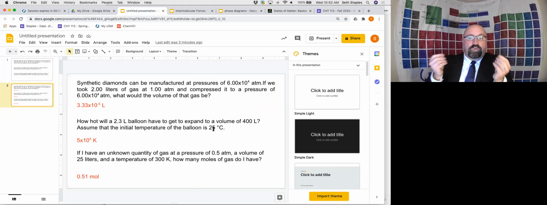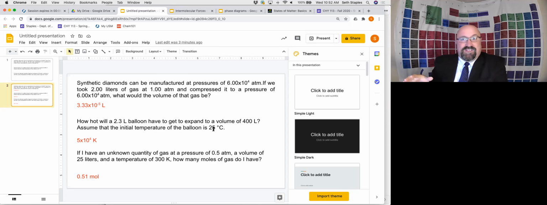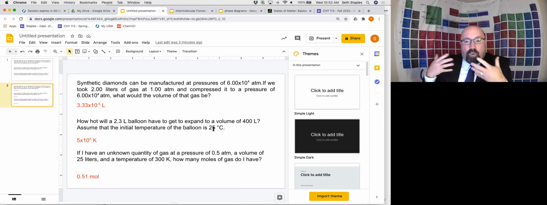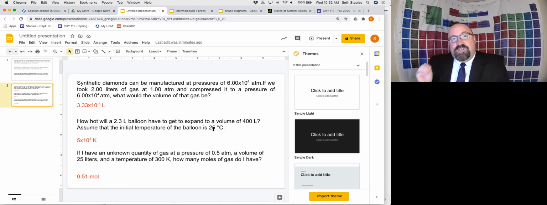We're given two points of time, kind of, in information. We're given a first set of conditions and a second set of conditions. And we're asked to look at how one of those factors changes with changing conditions. Versus an ideal gas law situation, we're given one set of conditions and we need to find the missing parameter.